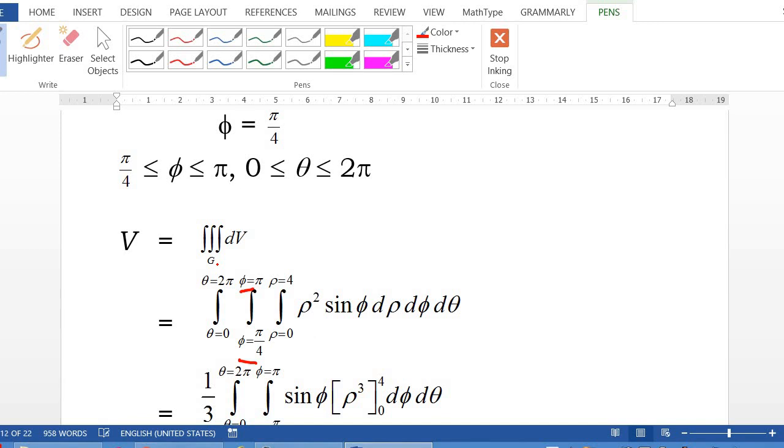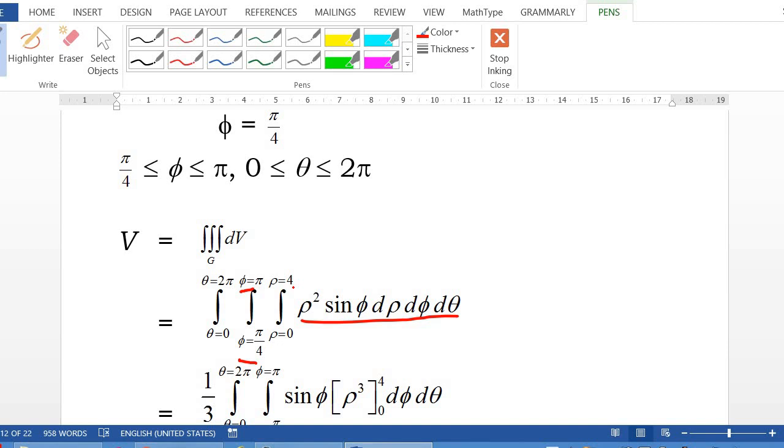If you want to find the volume of a sphere with radius 4 units, rho is 0 to 4, phi is 0 to pi, and theta is 0 to 2 pi.